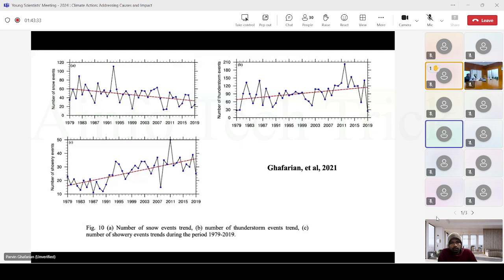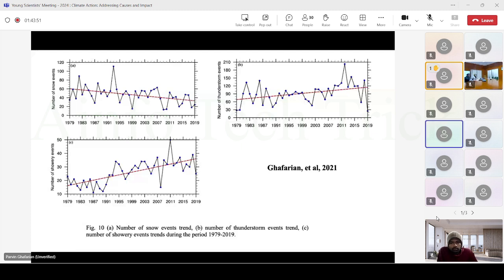One of the consequences of climate change is the alteration of precipitation patterns, which tend to decrease systematic rainfall and increase shower events. This can lead to flooding in some areas.